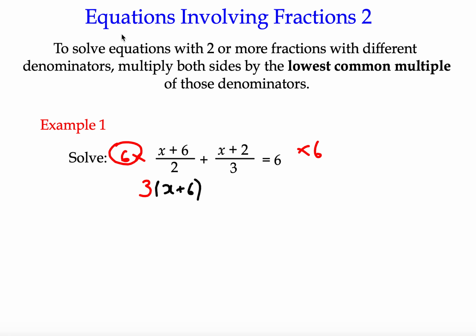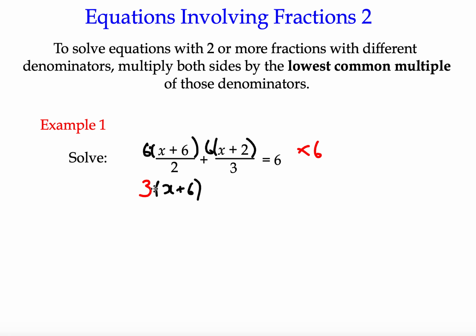Another way of thinking about it, if I maybe did this, get rid of that, and we'll do this. I'm multiplying both sides by 6. So effectively, what I'm doing is I'm multiplying everything by 6 on both sides.